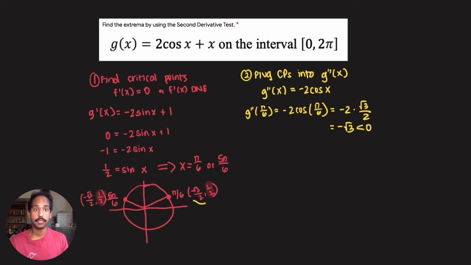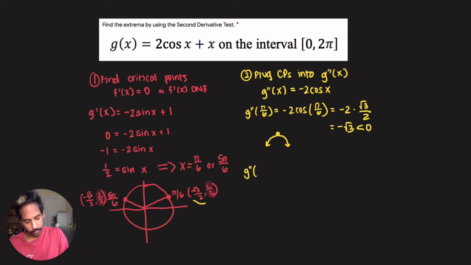That tells us, since the second derivative is less than 0, it's going to be concave down there. So we can imagine there's our point. If it's concave down and we have an extrema there, is that going to be a maximum or minimum? It's going to be a maximum because it's at the top. We'll come back to that when we're writing out our reasoning.